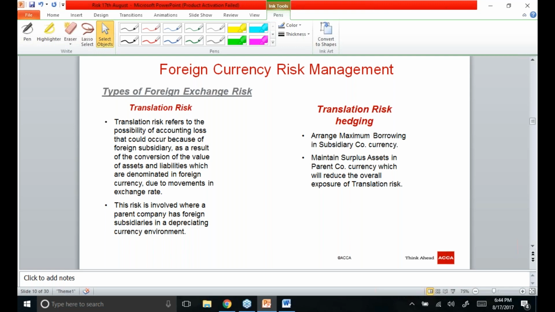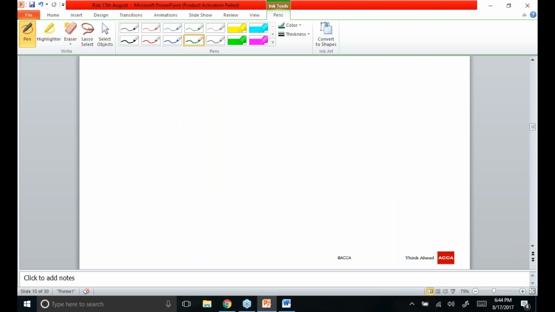But the problem is that if your subsidiary is in a depreciating currency environment, your subsidiary assets will start losing their value whenever you translate your subsidiary into your own currency. Let's learn it with the help of an example.